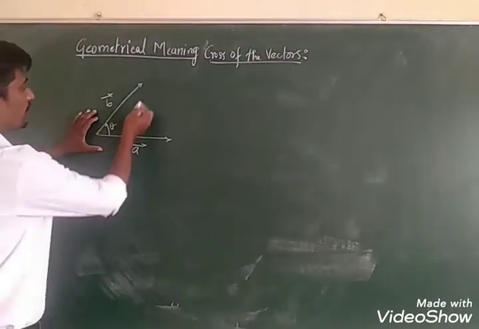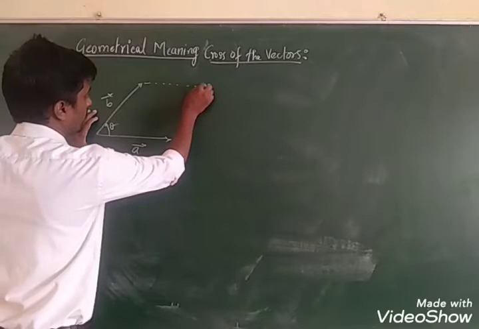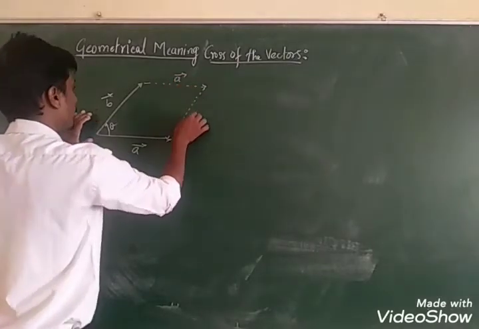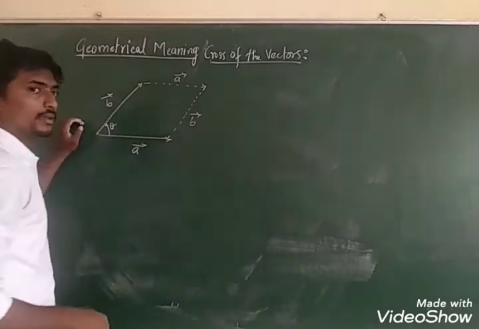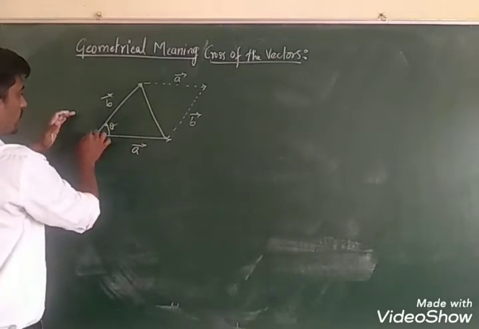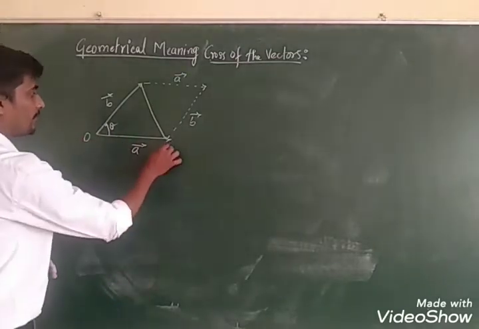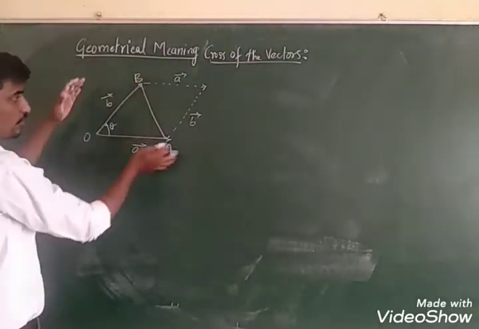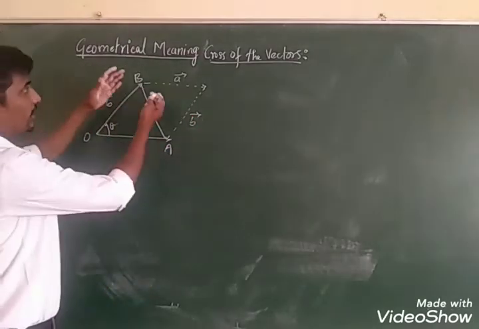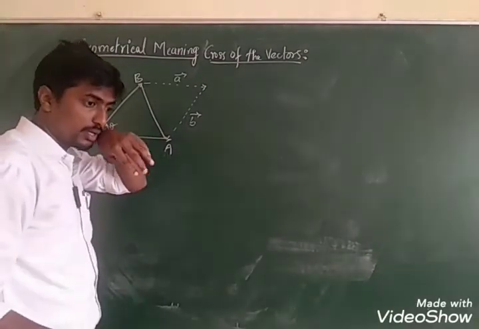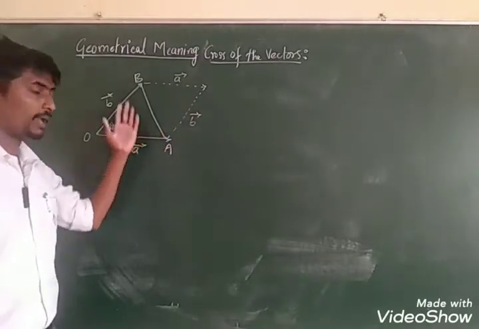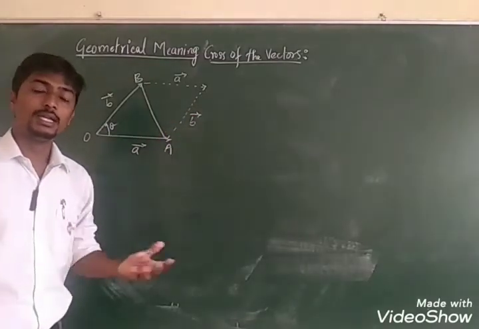If I draw parallel vectors, vector A and vector B, and complete the figure, it looks like a parallelogram. The geometrical meaning of the cross product of two vectors is that it provides the area of the parallelogram as well as the area of the triangle here.